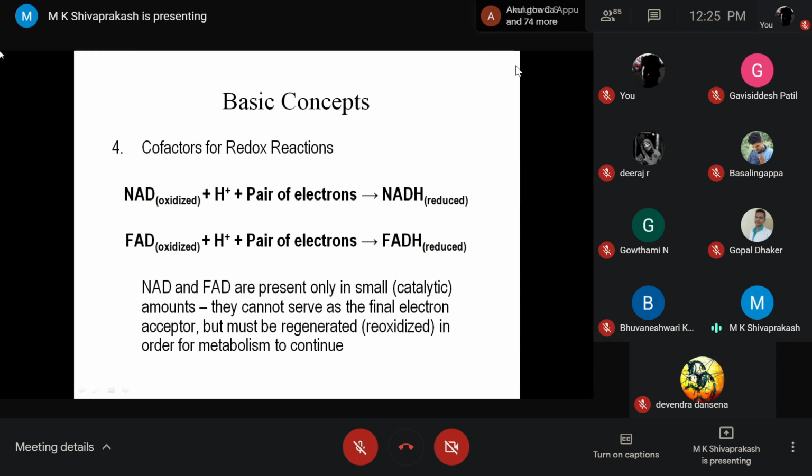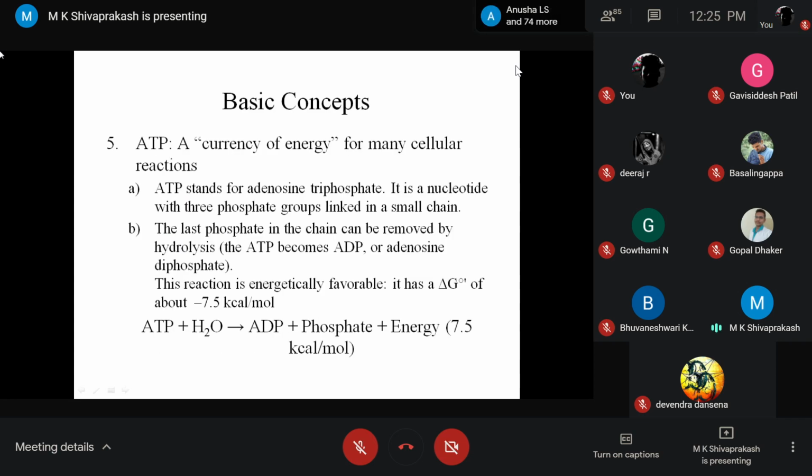Thereby they can be in an oxidized or reduced state. By losing electrons they get oxidized, or by accepting electrons they get reduced. That's the thing, so that you're aware.